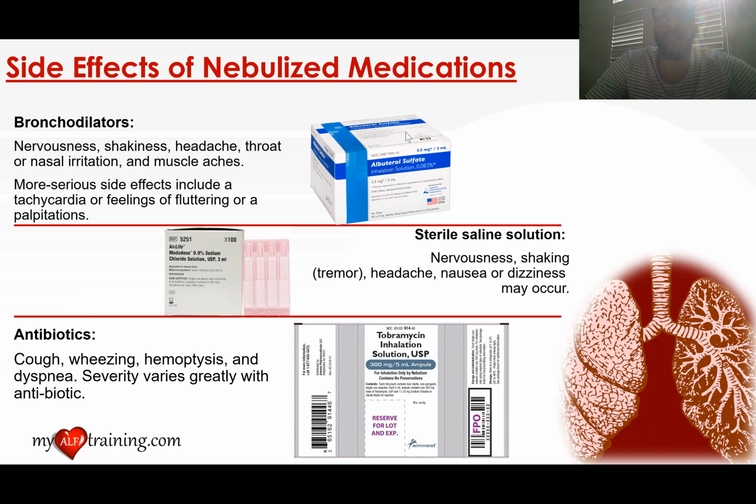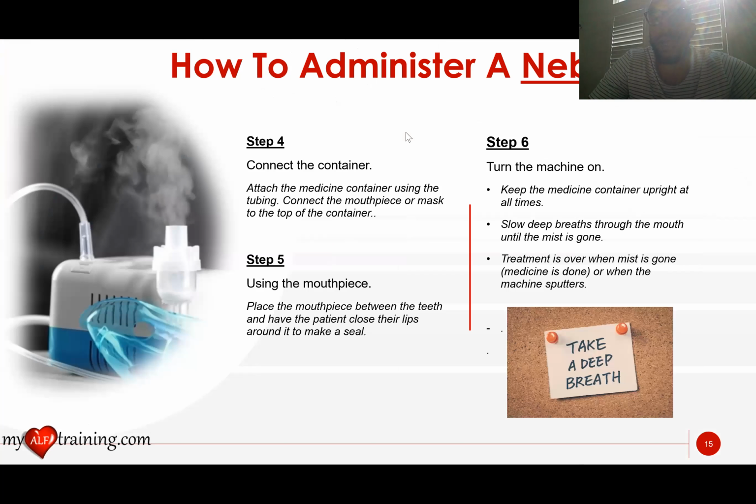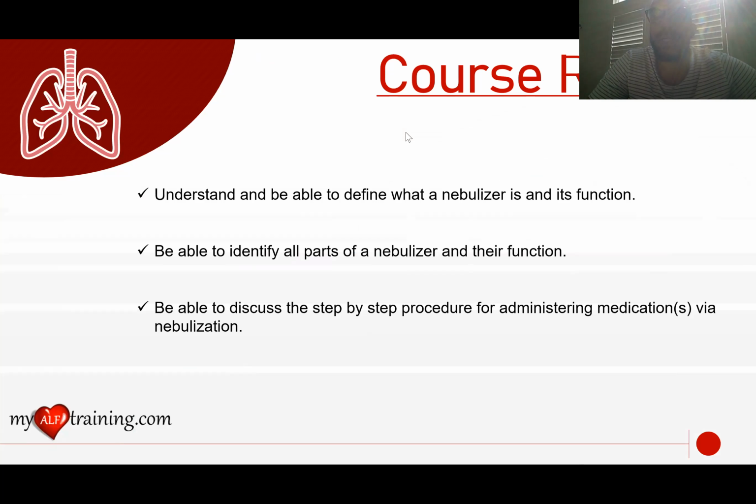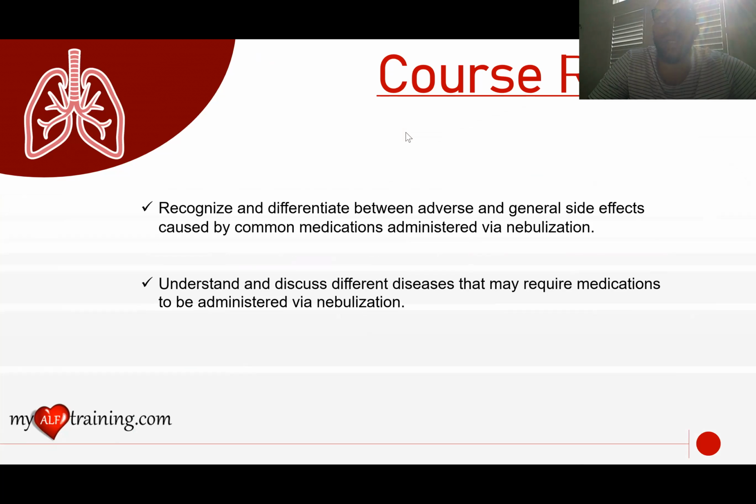We talked about making sure that we're standing next to the patient when we get them up, because we want to make sure that they're not dizzy and that they have all of their bearings before we allow them to walk. And we also talked about antibiotics and how those symptoms vary greatly depending on which antibiotic we give the patient. But we should be aware that hemoptysis, or blood in the sputum, is a side effect of administering antibiotics via nebulization.